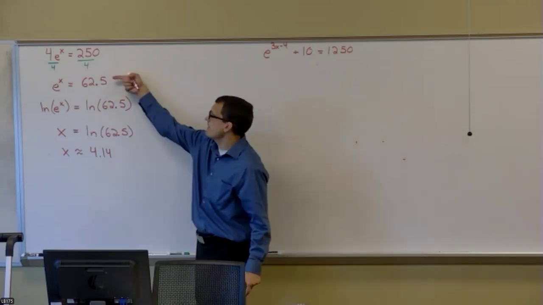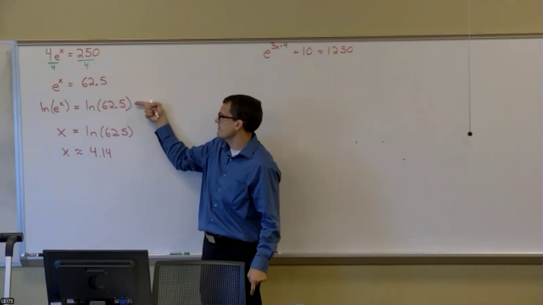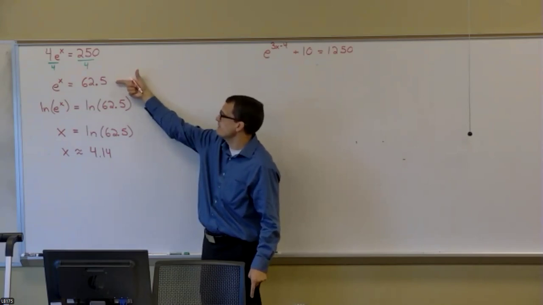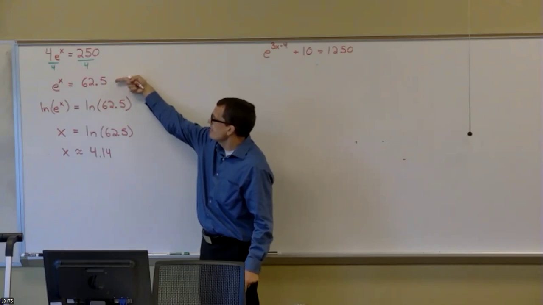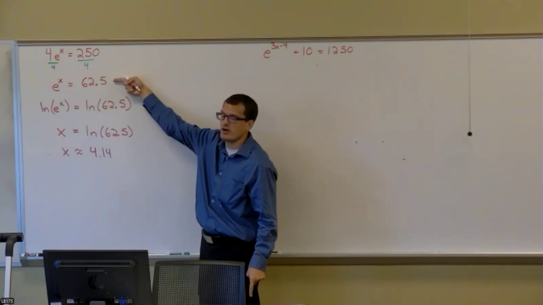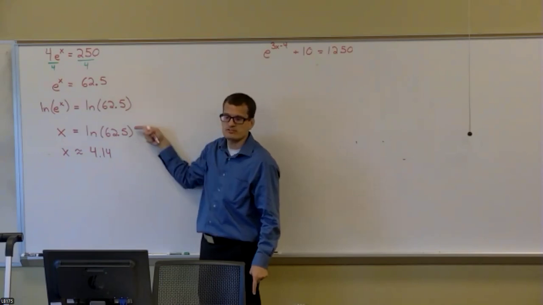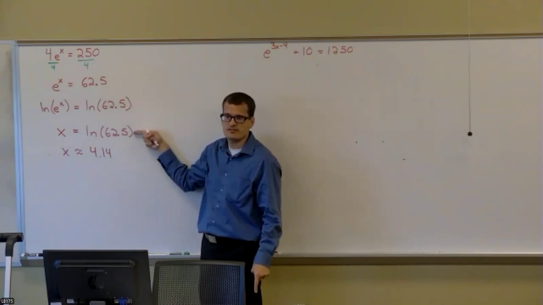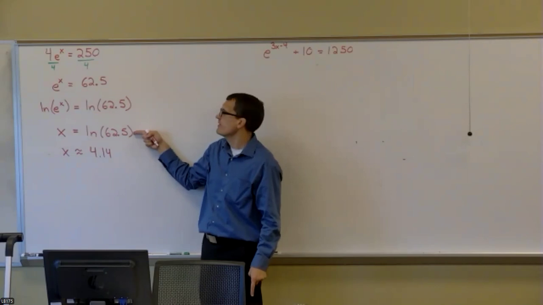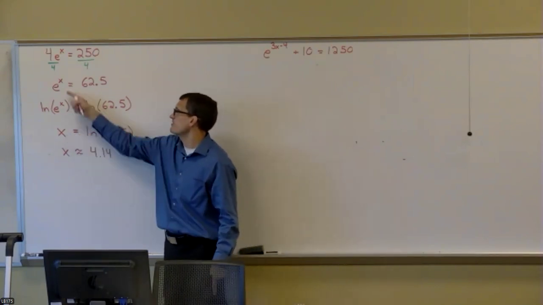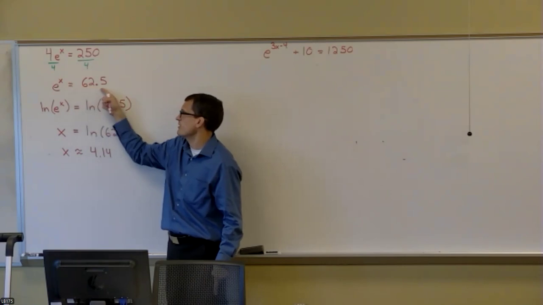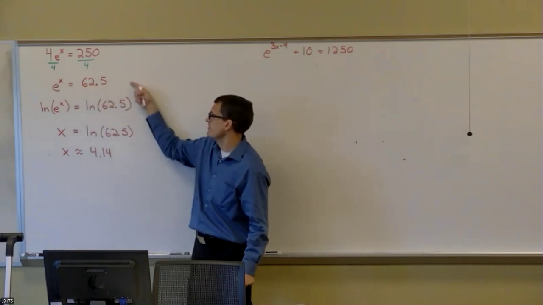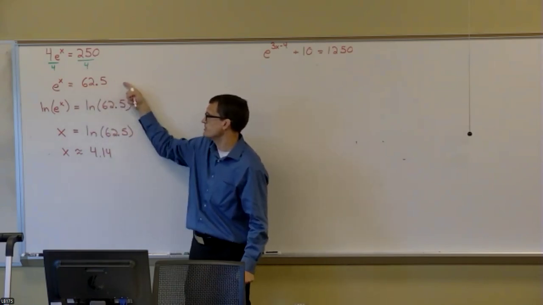Again, sometimes I like thinking of applying natural log to both sides. Sometimes people will take this and rewrite it as a logarithmic equation, which is actually just this. It's saying x is equal to natural log of this. These two are the same equations.